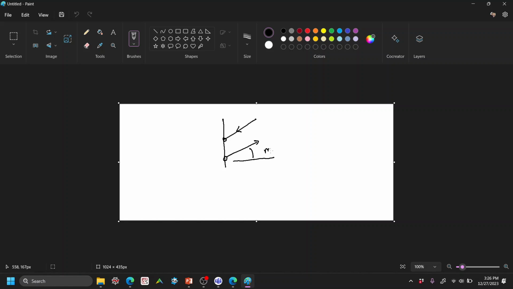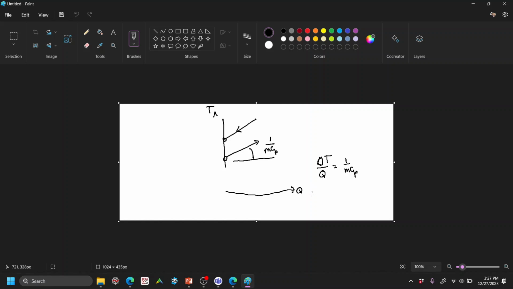Because the y-axis is always temperature, and the x-axis is always Q. So if we divide delta T by Q, you'll get 1 over MCP. Can you imagine? So Q equals MCP delta T, so delta T divided by Q gives 1 over MCP. And then this slope is basically this guy, 1 over MCP.